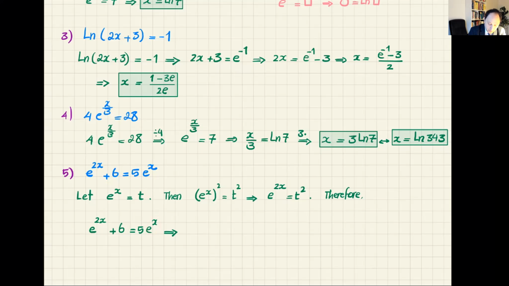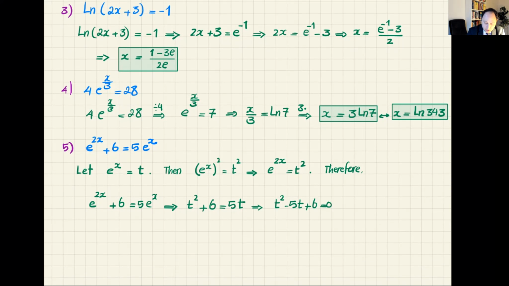It becomes t squared plus 6 is equal to 5t. Now this equation is completely trivial. This is a quadratic equation, so you know how to solve that. I move 5t to the left, it becomes t squared minus 5t plus 6 equals 0. Then we can use the PQ formula or ABC formula to solve this problem.